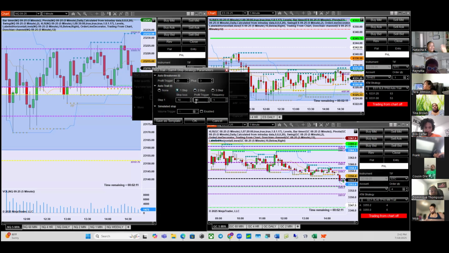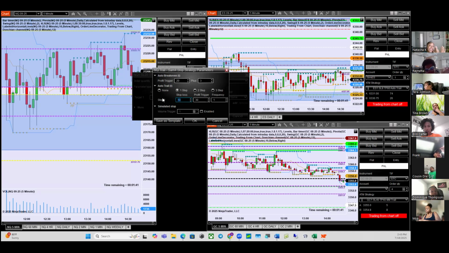But this is just the simplest trail. Once it gets $150 or 30 ticks into profit, then I want it to trail me by 10 ticks, which is $50. So if it got to $150 in profit, my stop would move to be at $100 because that's $50 behind the highest profit at that moment.